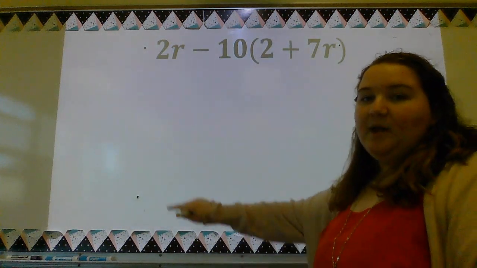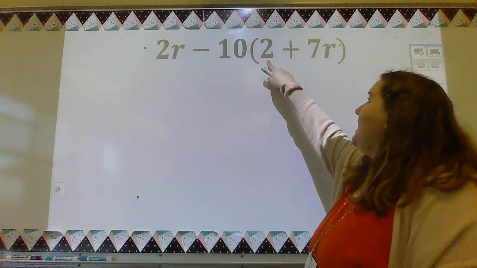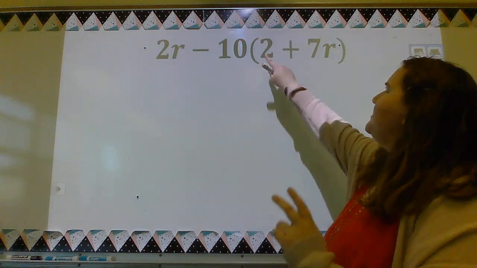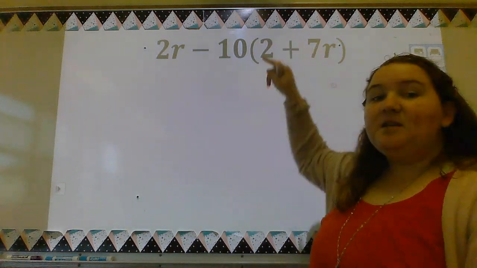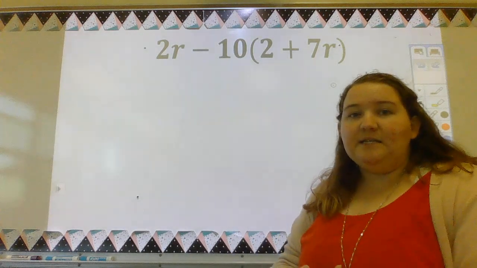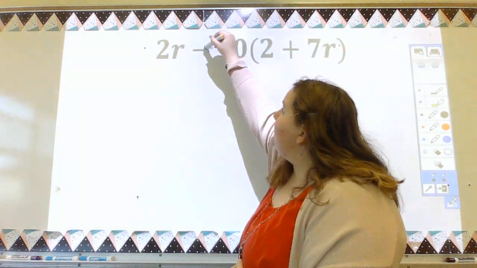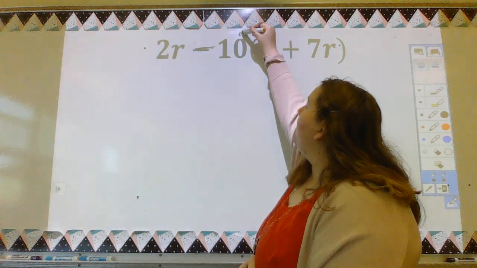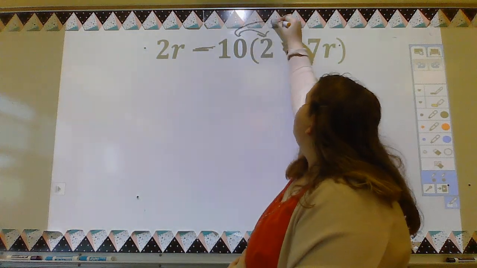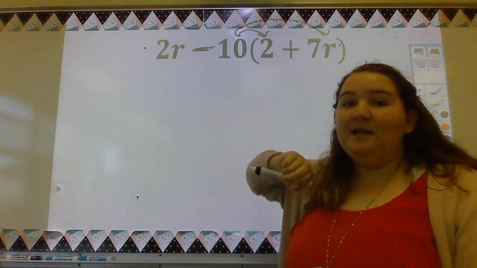So example number 1, 2r minus 10 times 2 plus 7r, okay? So distributive property first. Is there a parentheses? Is there anything to distribute? So for example, this is negative 10 in front, and we're going to distribute that negative 10 to everything inside of the parentheses.